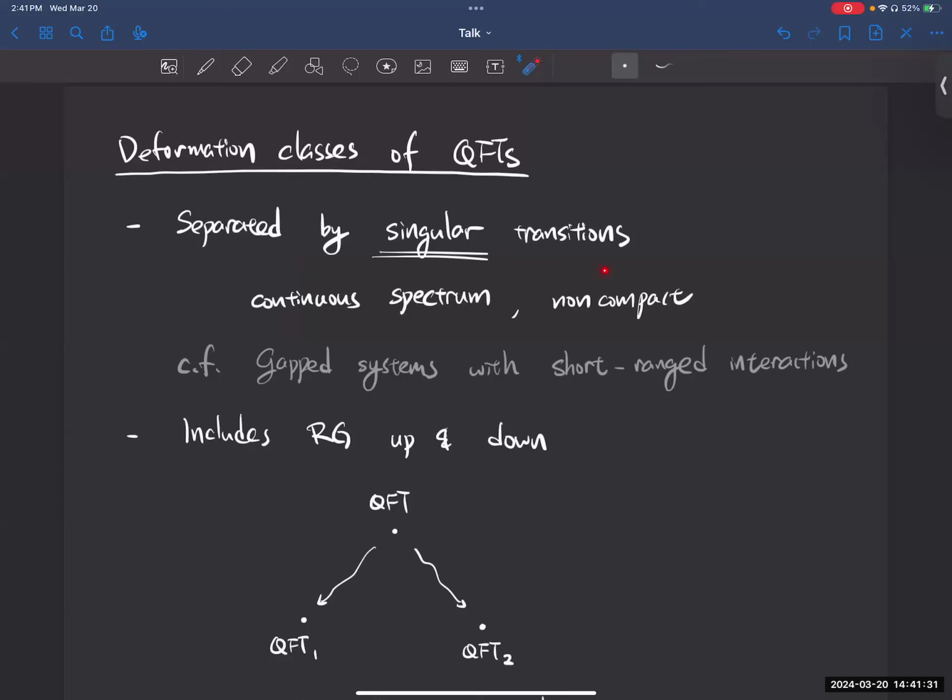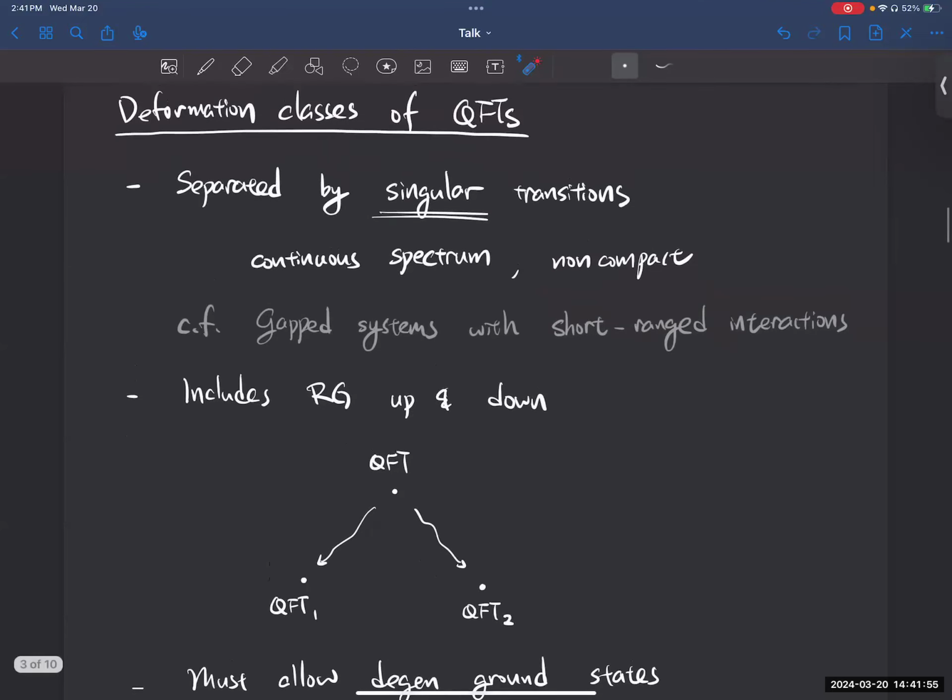So sometimes we use the word compact versus non-compact to label that notion. Basically, whether your identity operator in a CFT is an actual normalizable state or not, or more generally, whether you have a continuum in the spectrum. That's sort of a definition of deformation class.